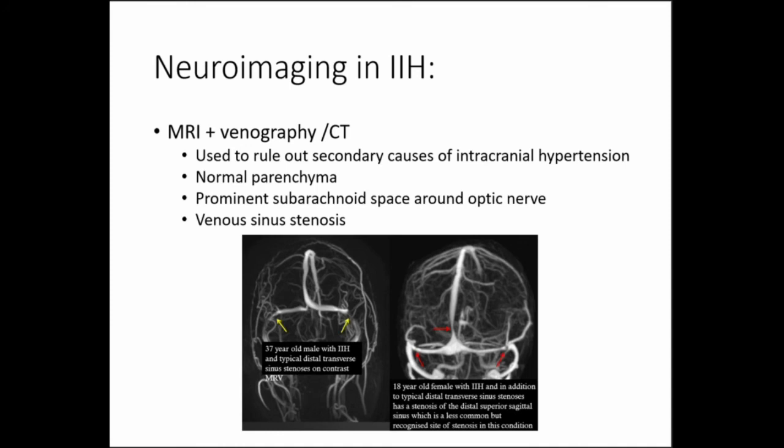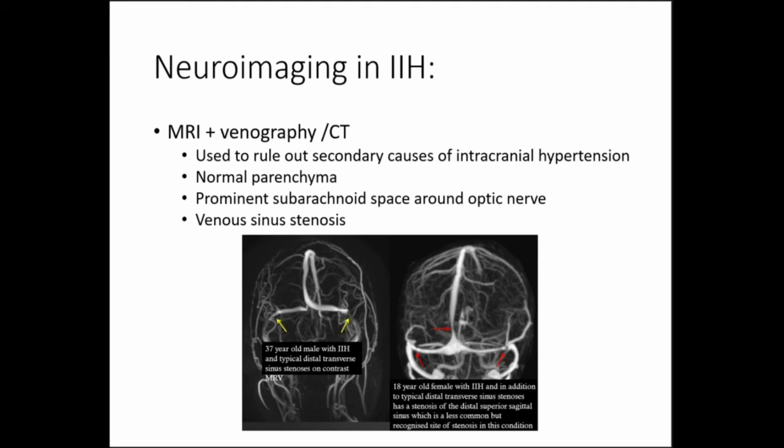So neuroimaging in idiopathic intracranial hypertension. This could be an MRI with venography or CT scan, and this is done to rule out secondary causes of intracranial hypertension. Furthermore, when you do this investigation, you'll see normal brain parenchyma.